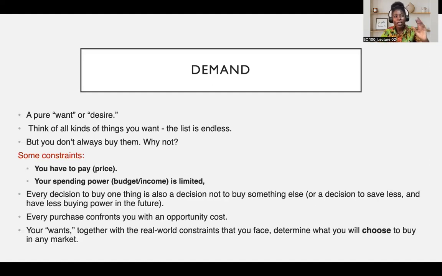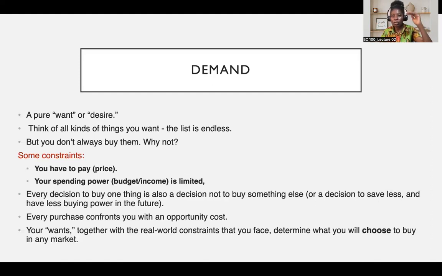So first, the price of something tells you whether you can have it or not based on what you have: your income, your earning, your budget towards whatever you have to buy or consume. So we say that you are faced with constraints. You have certain needs and wants and desires, but you're faced with constraints. So whenever we talk about demand in economics, we bring those two in the picture: you have something you want to buy, and then you have constraints.